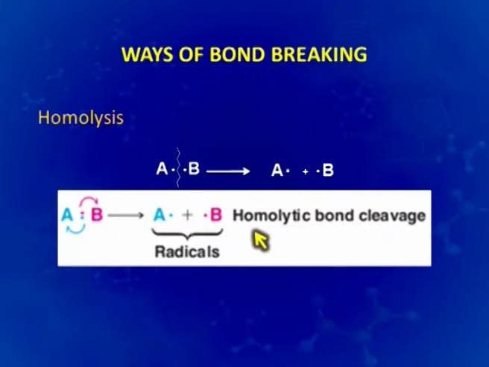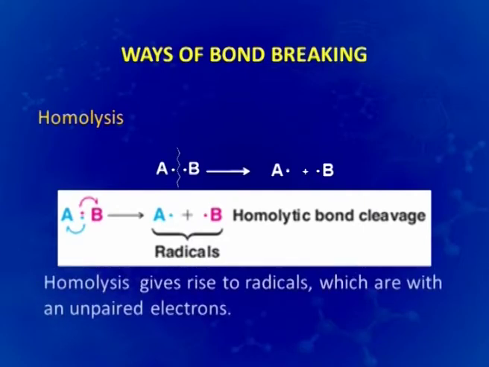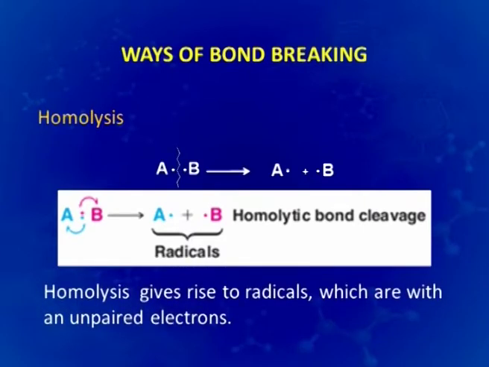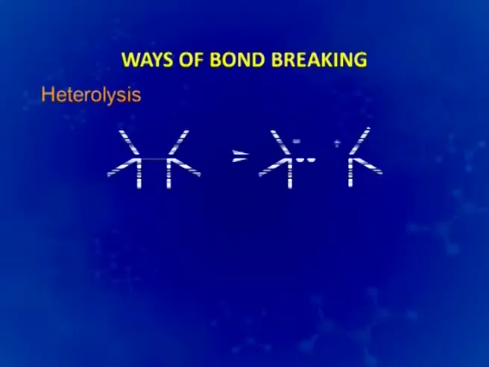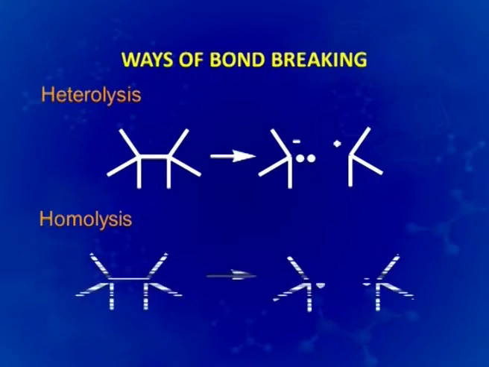Such moieties are called radicals, which form very important intermediates in organic reaction chemistry. Therefore, homolysis gives rise to radicals with an unpaired electron. The ways of bond breaking can be depicted in this manner also. It helps you learn better that heterolysis gives rise to two ions and homolysis gives rise to two radicals, as shown in this graphic.